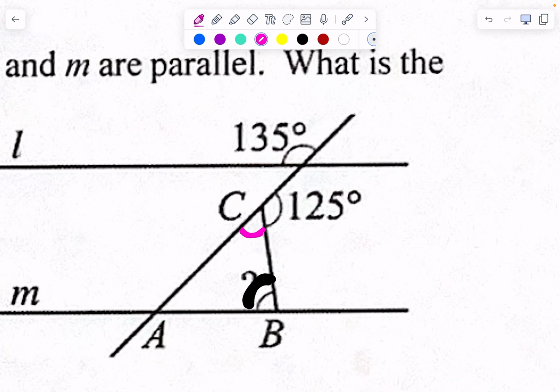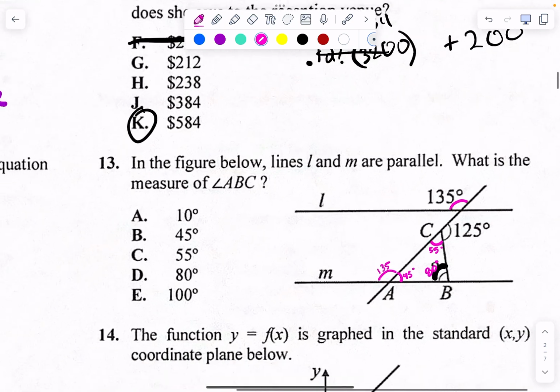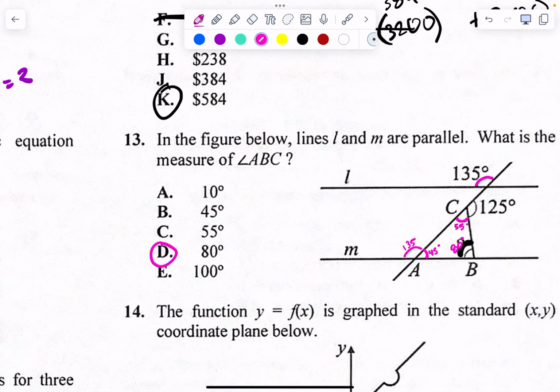This guy right here is how much? C will be 55. Okay. 135 is right here, so this is 135, and this angle right here is 45. And 45 and 55 makes 100, so 80. Is that what you said? That was pretty good. That was pretty fast. D. Very nice.